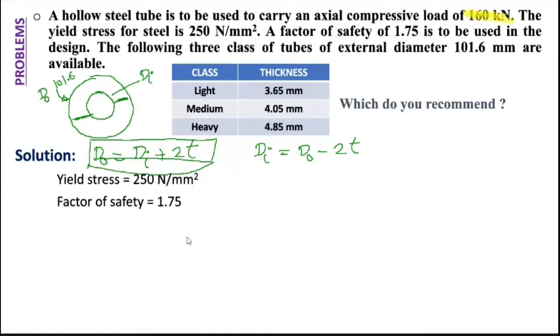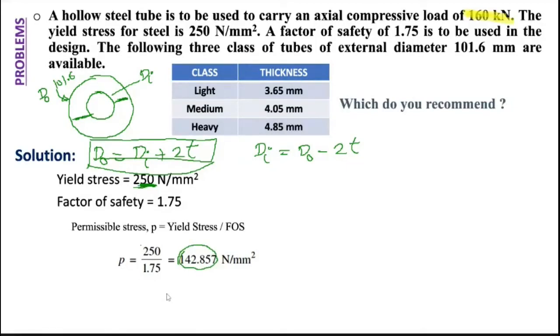We discussed the formula: factor of safety is equal to yield stress by permissible stress. Now I need permissible stress, so permissible stress is yield stress by factor of safety, just the opposite. My yield stress is 250, factor of safety is 1.75, and I'll get my permissible stress.